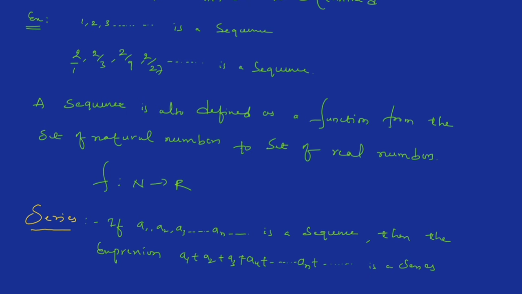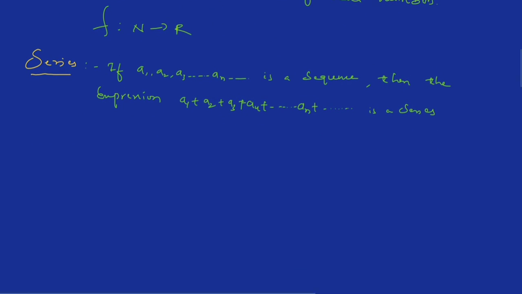What we have done here is just added the terms which are in a sequence, or you can say in a specific order, which we have already seen in a sequence, right? So then the expression a1 plus a2 plus a3 plus a4 and so on is a series, right?